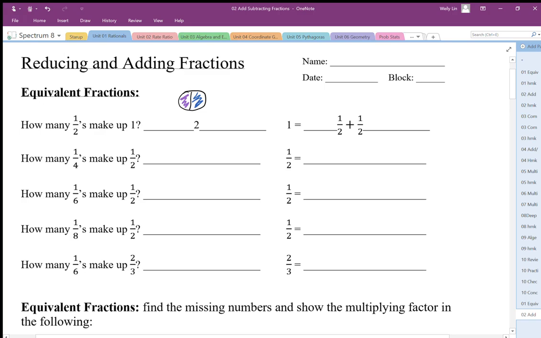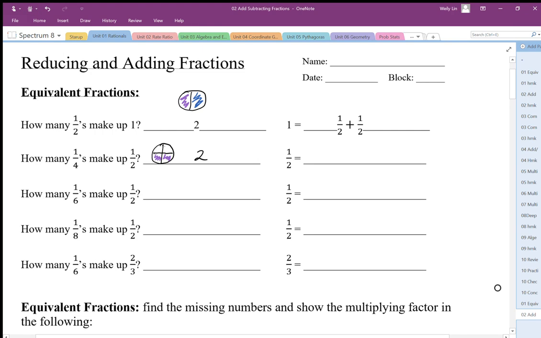So how many 1/4 fractions make up a half fraction? Well, the answer for that would be 2, again, because we can show that if we chop this up into quarters, we can see that two 1/4 fractions, one here and one here, would make up that 1/2 fraction. So again, the answer would be 2.